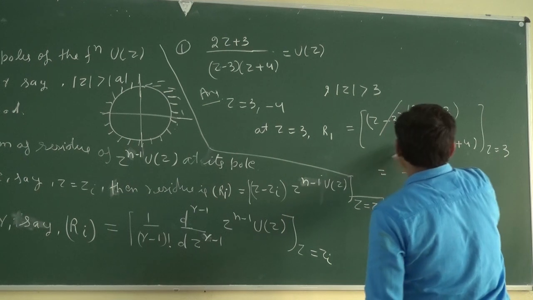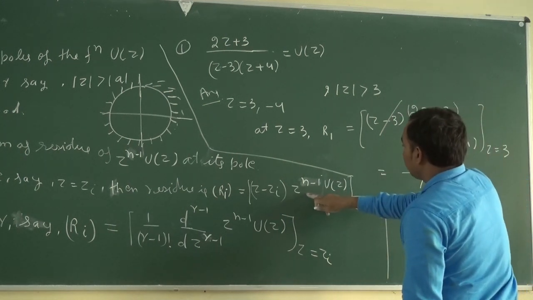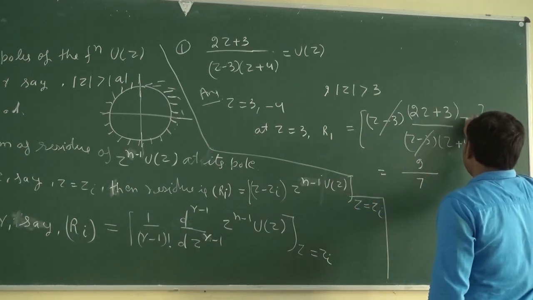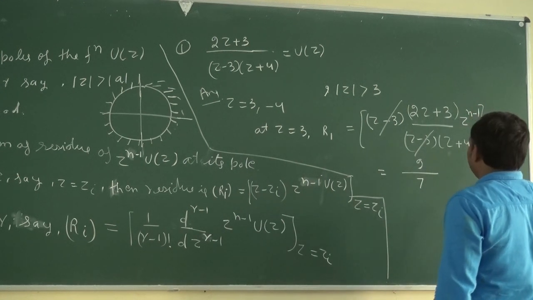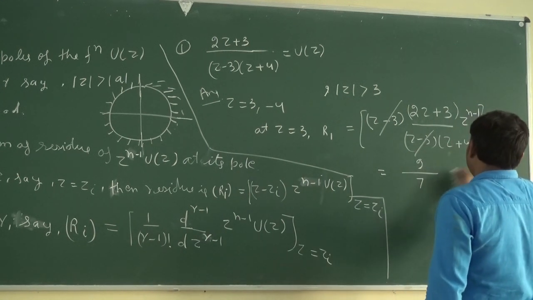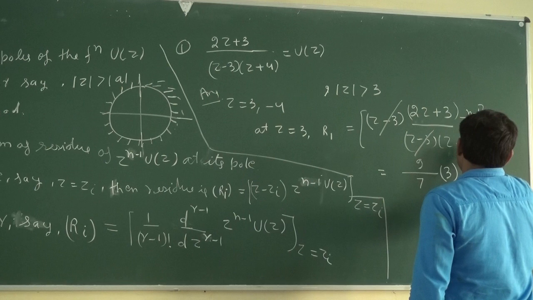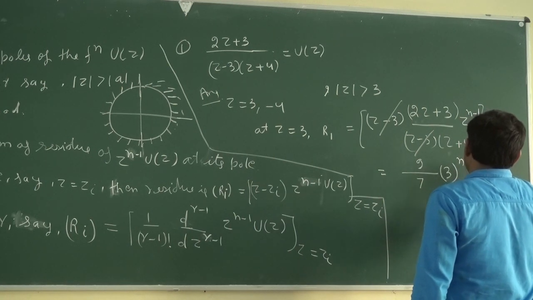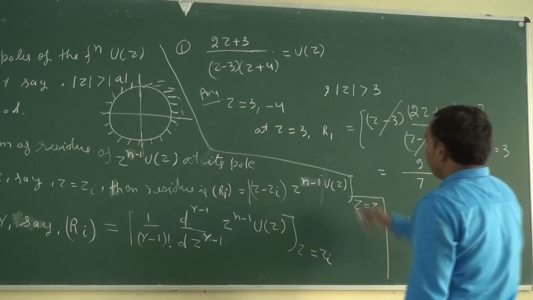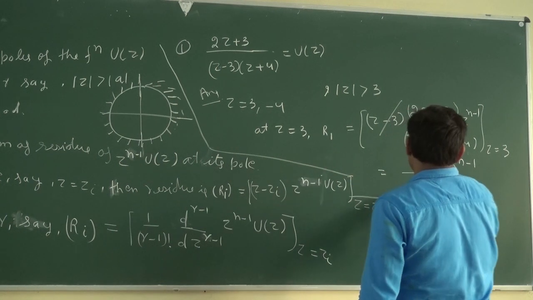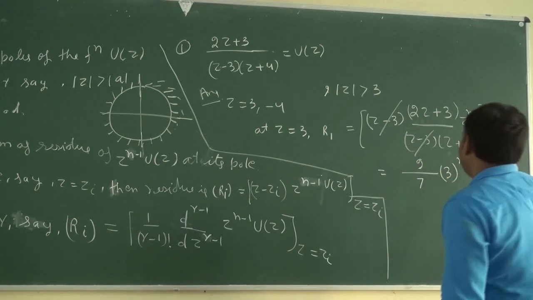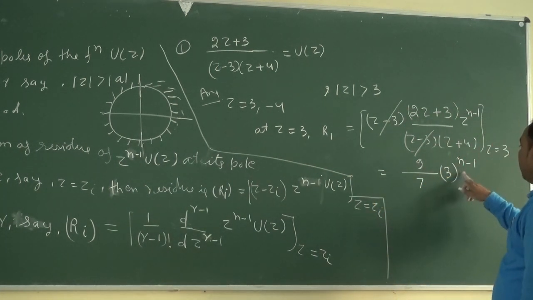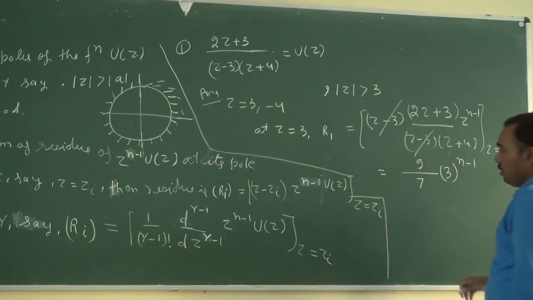One more term is missing here: Z to the power n minus 1. So here 3 to the power n minus 1 means the residue at pole Z is equal to 3 is 9 upon 7 times 3 to the power n minus 1.